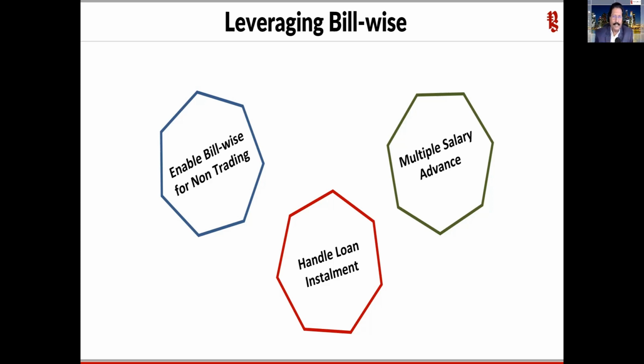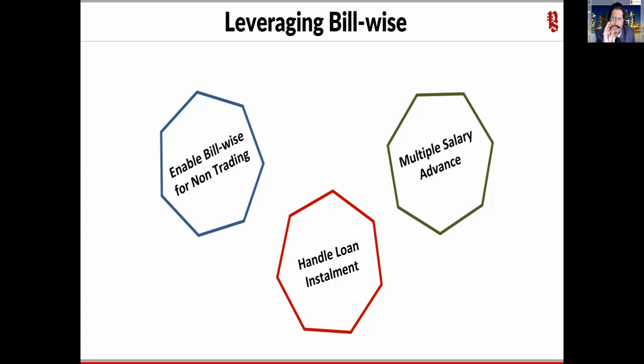Now this is where Tally is going to help you, where you can actually have one single ledger created for one single employee, and using this feature of Billwise detail, you can actually give any kind of loan. Maybe let's say an employee has taken three different loans from your organization.